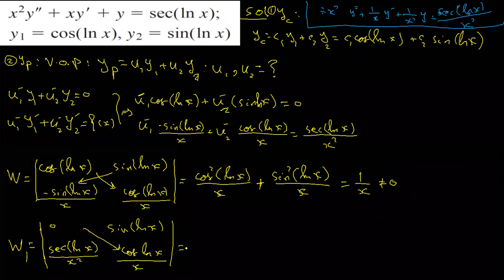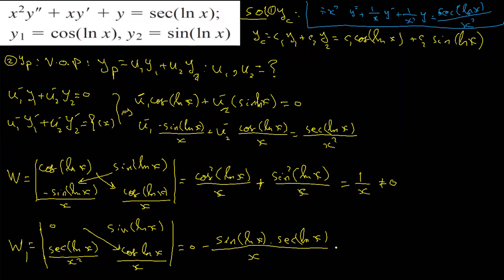This by that is 0 minus this by that. So it is sine ln x times sec ln x all divided by x. Can I simplify this or leave it? I'm not sure. No problem.